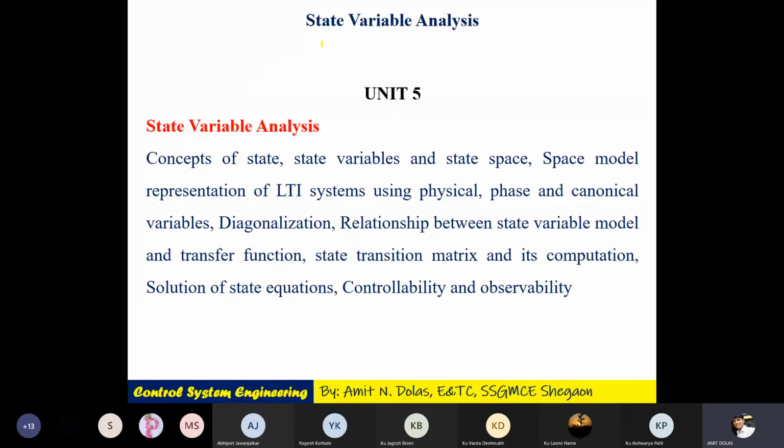Okay. So we'll see the content of unit number 5. It is basically on state variable analysis of the system. What is the state variable analysis of the system? We'll see the concept of the state variables and state space.